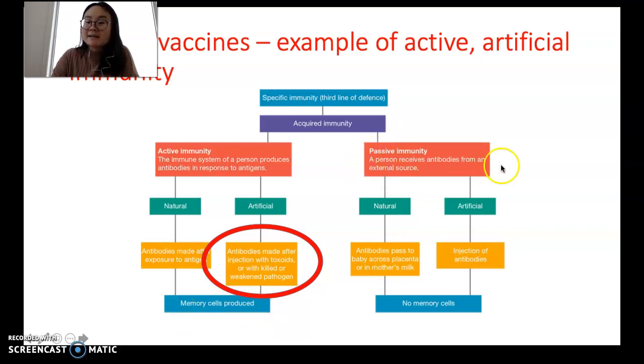However, in passive immunity, where you've just been given antibodies, your body hasn't had to make those antibodies itself, so no memory cells are produced. If you were to encounter the disease again, your body would not know how to respond. Hope that makes sense.